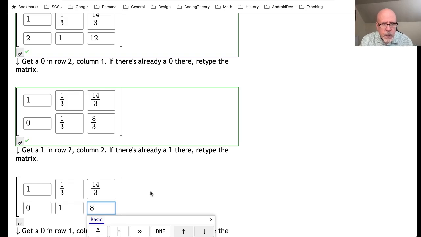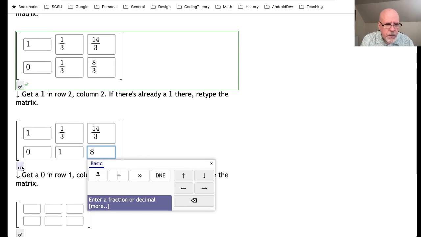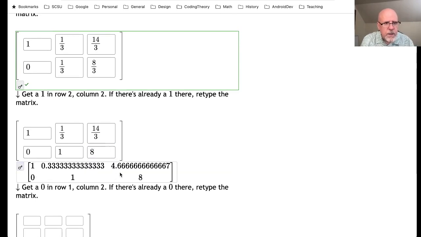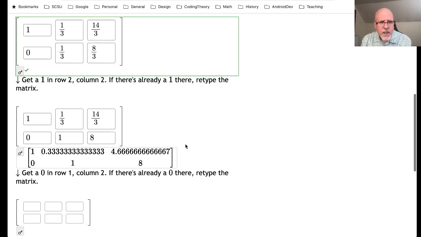All right, and we can hit this little button to just check. I guess 4.666 forever is the same as 14 thirds. Sounds about right. 12, yeah, 4 and 2 thirds. Shoot, can't talk. 4 and 2 thirds there. But 0, 1, 8 is the things that change. So that's where we got that.